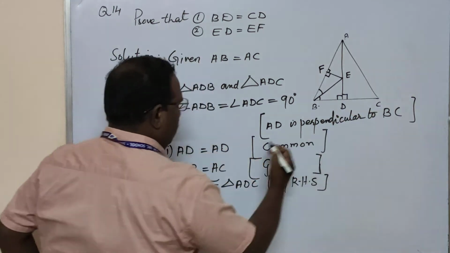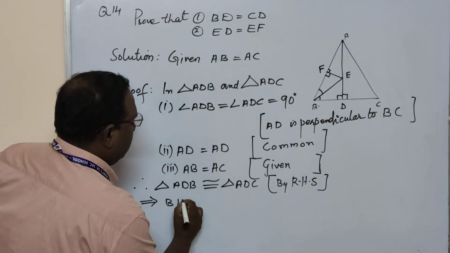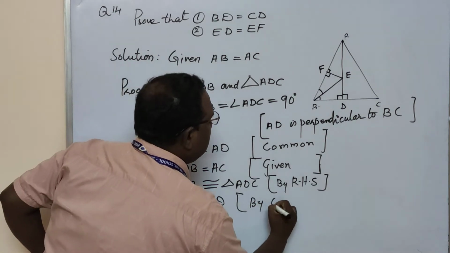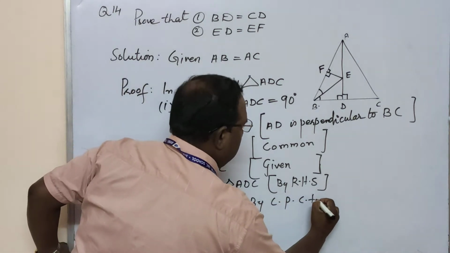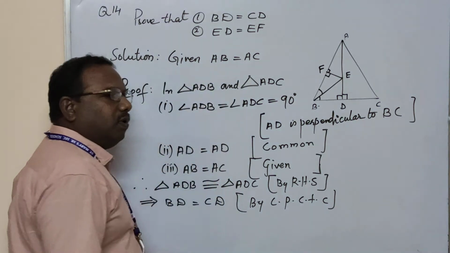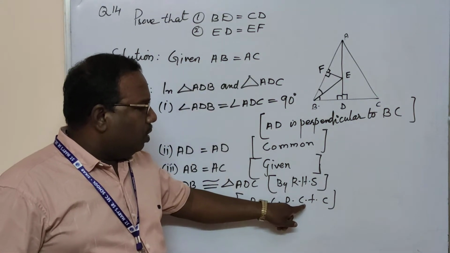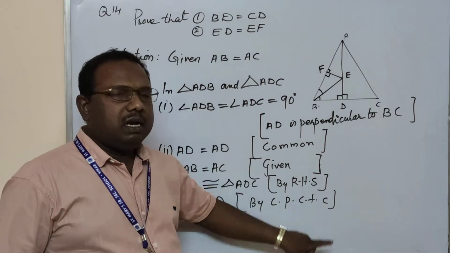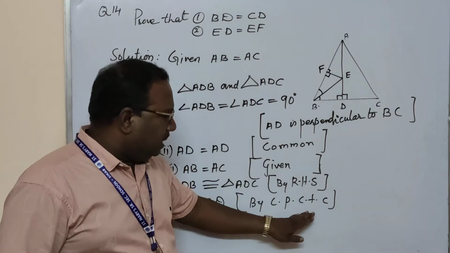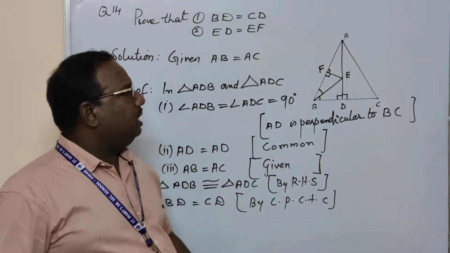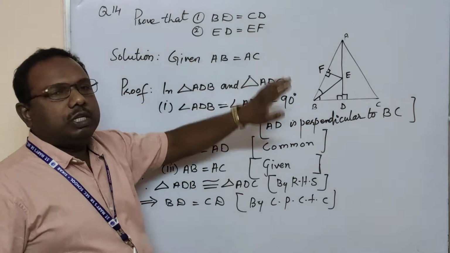BD is equal to CD by CPCTC. What is the full form of CPCTC? Corresponding parts of congruent triangles are congruent. By CPCTC, BD is equal to CD. So first one part is over.